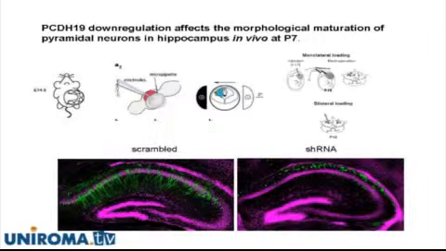And with these experiments, we are going to see the effects of the block of the protocadherin at the level of the development. And here instead we tend to check for the acute effect.